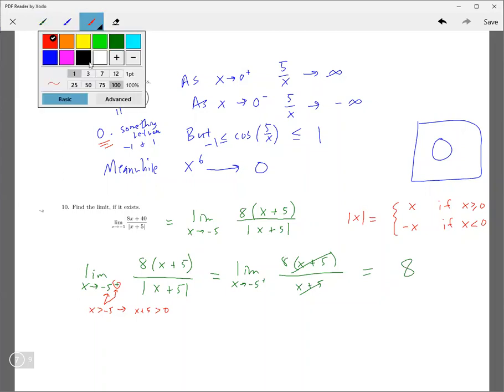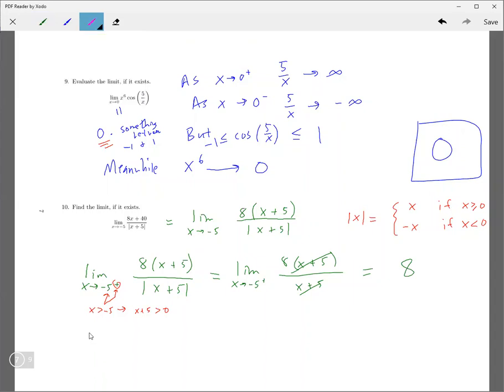On the other hand, if you take the limit as x approaches -5 from the left, as you're coming in from the left, that means x is less than -5.